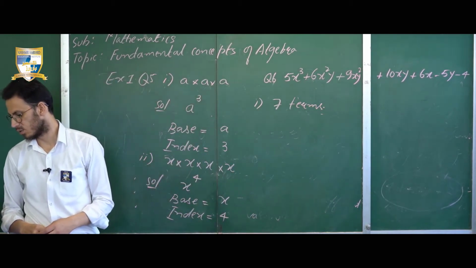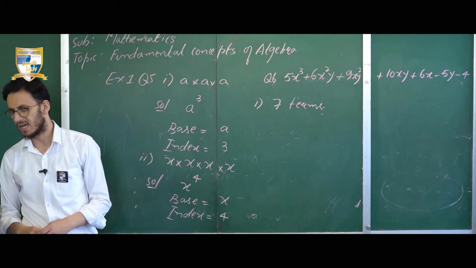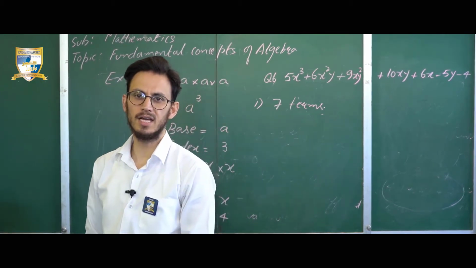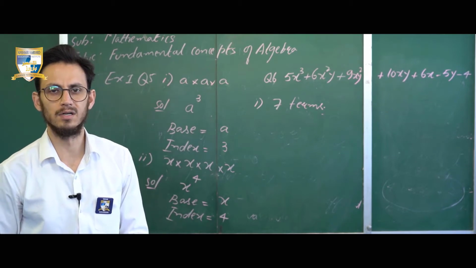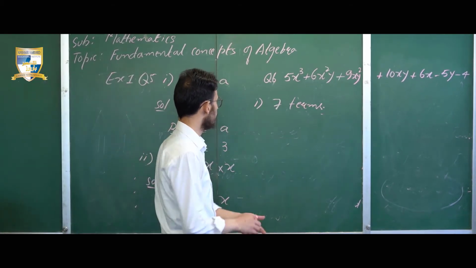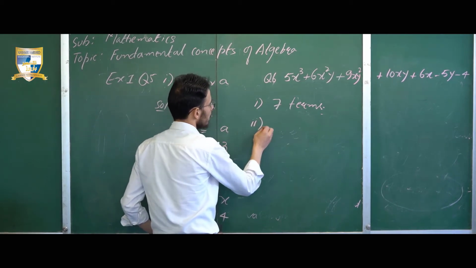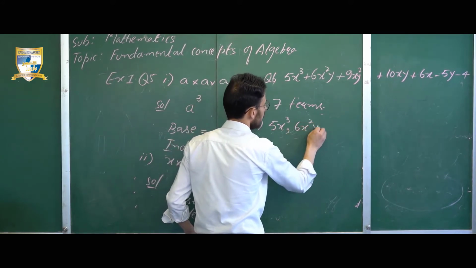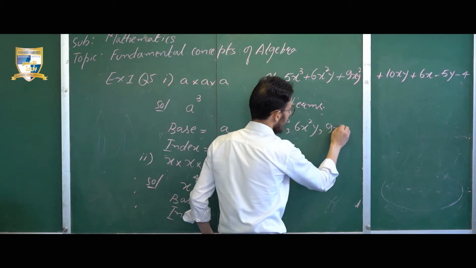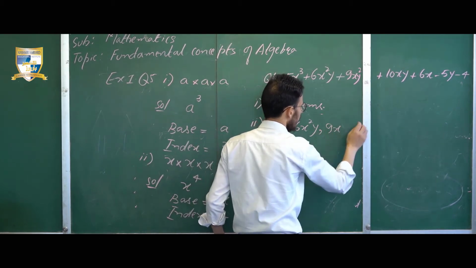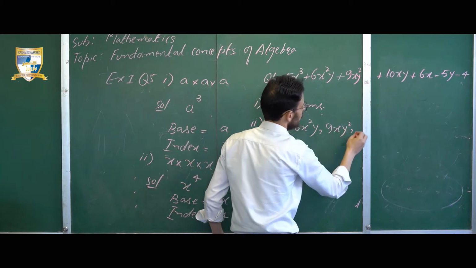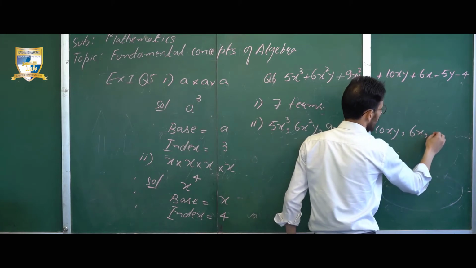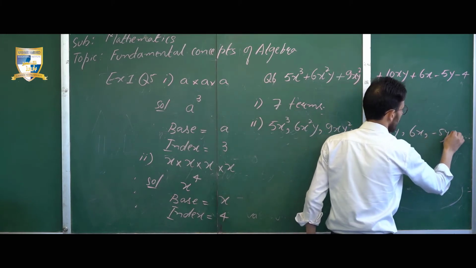The next part of this question is: what are the terms in the expression? There are 7 terms. Now what are the terms? The terms we can see in this expression are 5x cube, comma, 6x square y, comma, 9xy square, comma, 10xy, comma, 6x, comma, minus 5y and minus 4.